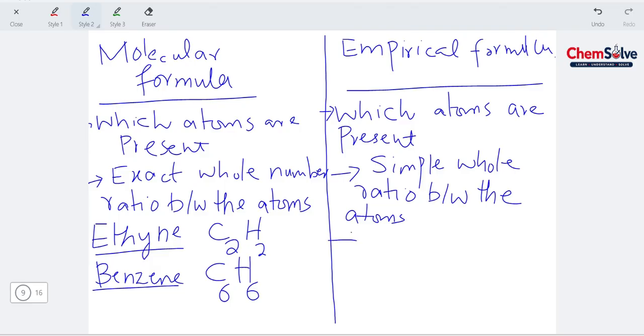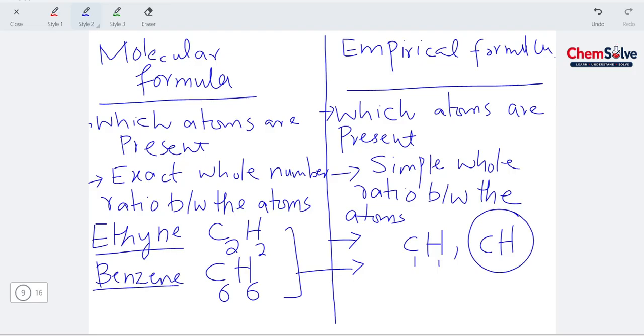If we move towards empirical formula, then for both of these molecules, when we make the simplest ratio, the ratio says C1H1. It means CH is the empirical formula for both ethyne and benzene, because the ratio here is 1:1 and the ratio here is also 1:1, which makes CH.